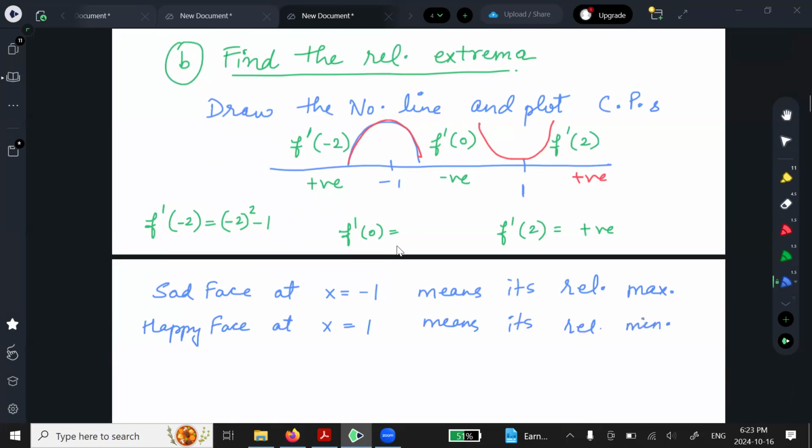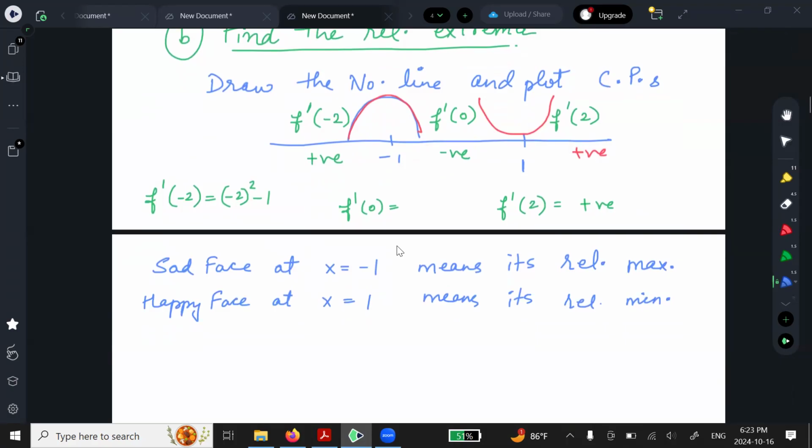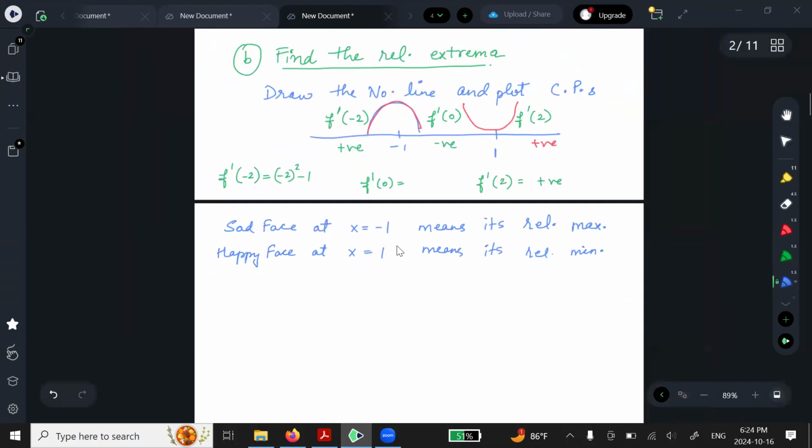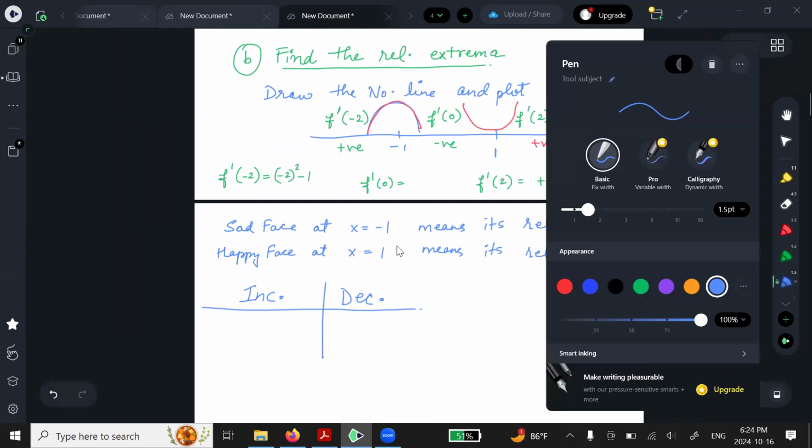Good. Now, what if I asked you the intervals of increase, decrease? Let me make it smaller. Wherever f prime is positive, what does that tell me about the function?